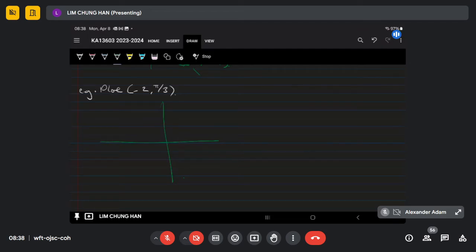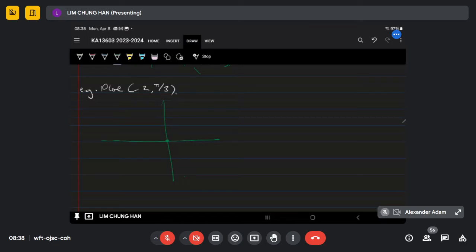Yes. So from the origin, put your protractor there. Measure 60 degrees. It's going to be something like this. So that is your pi/3. But the r is negative 2. What do you do?